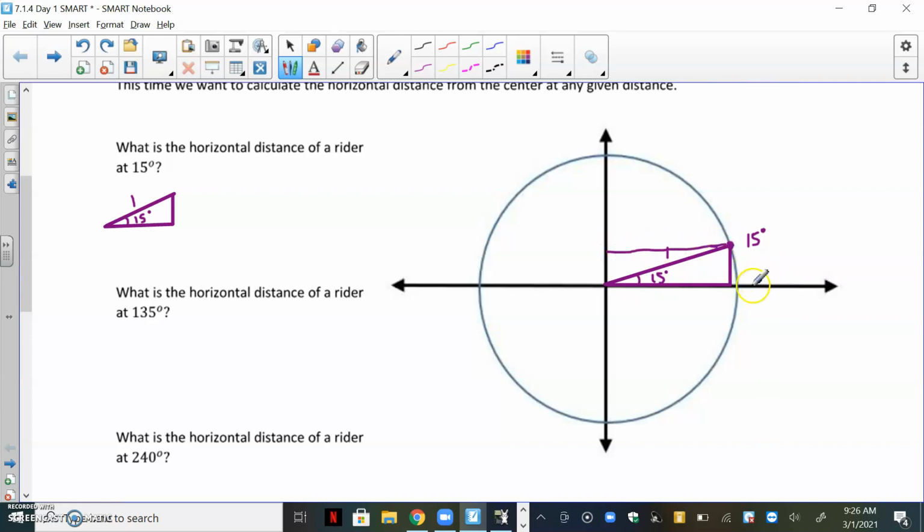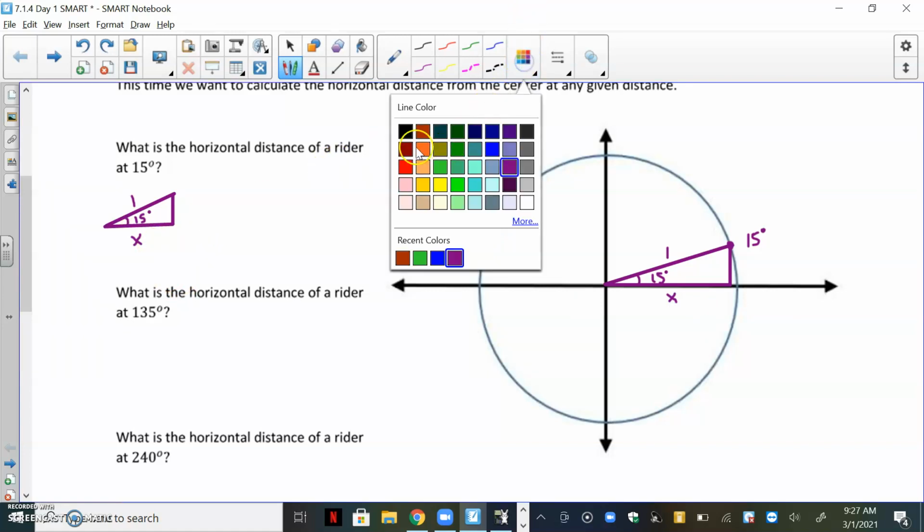All right, this one, and instead of focusing on that line, we're just going to use the base of this triangle instead, because it would be the same exact length as a line that we would draw here. So we're going to look for the base of this triangle, and we're going to go ahead and call that x.